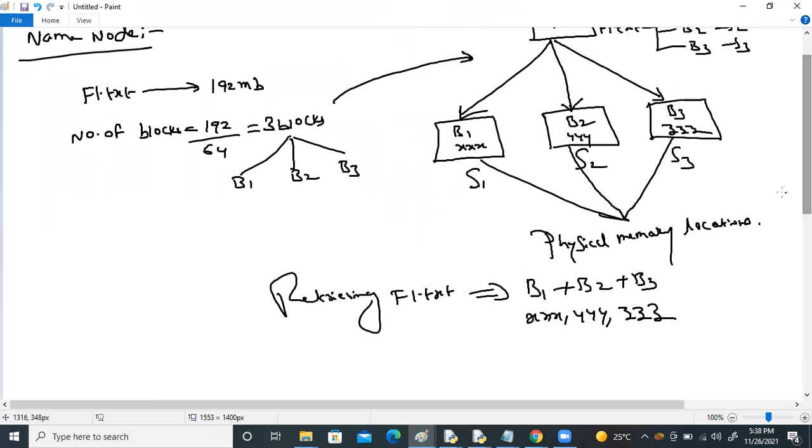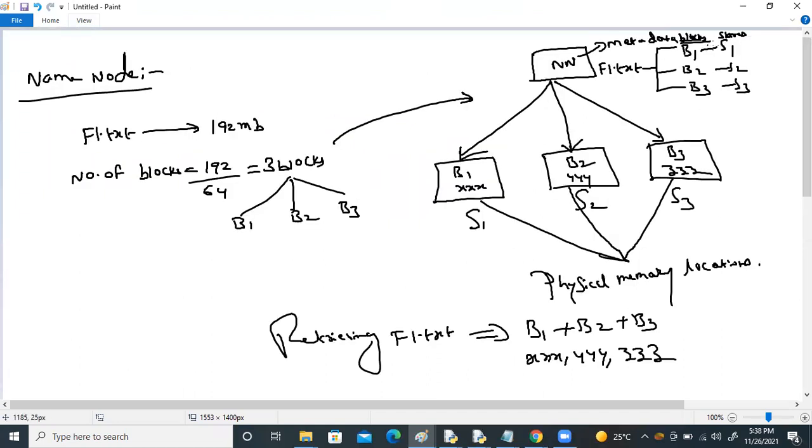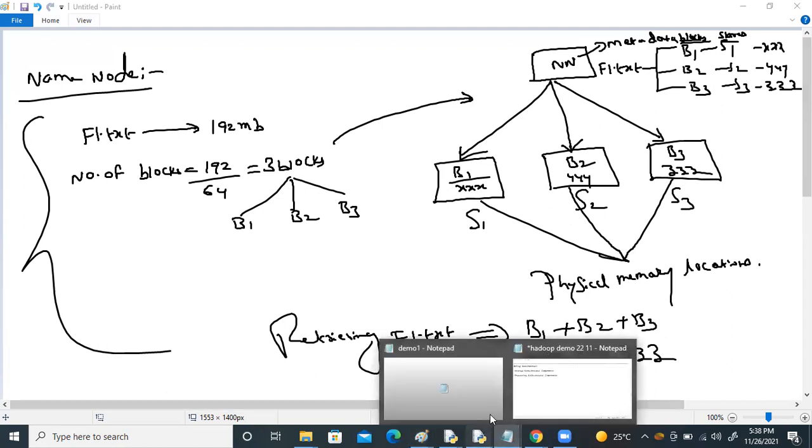So here we have the blocks, the slaves, and the physical memory locations. Data nodes are the slave nodes, which store the blocks. Now, based on this diagram, try to say what the responsibilities of the name node are.